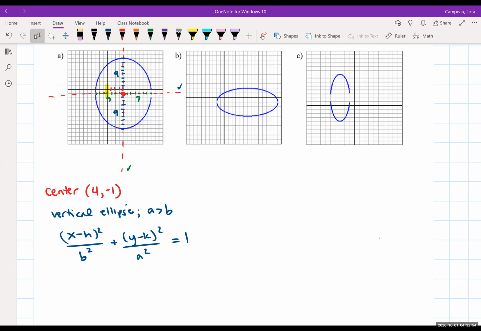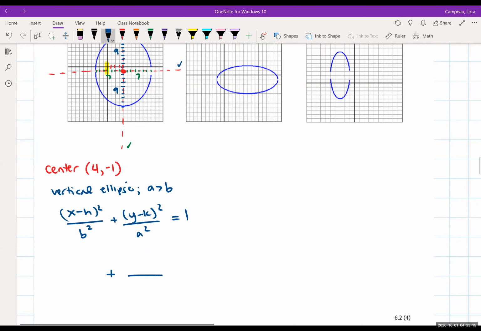Now, just looking at what we've labeled, we correctly identified the center. We could already tell that a is equal to 9. So if you'd like to, you could replace them as we go. So I'll do that.